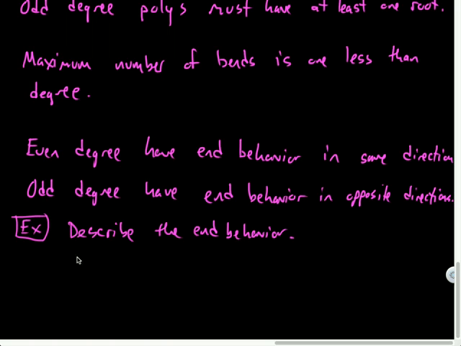Describe the end behavior. What if I have this function, f of x equals, let's start with a quadratic, just a regular old one, x squared plus 2x minus 7. You guys would know that the end behavior is in the same direction, right? What way would this parabola open?